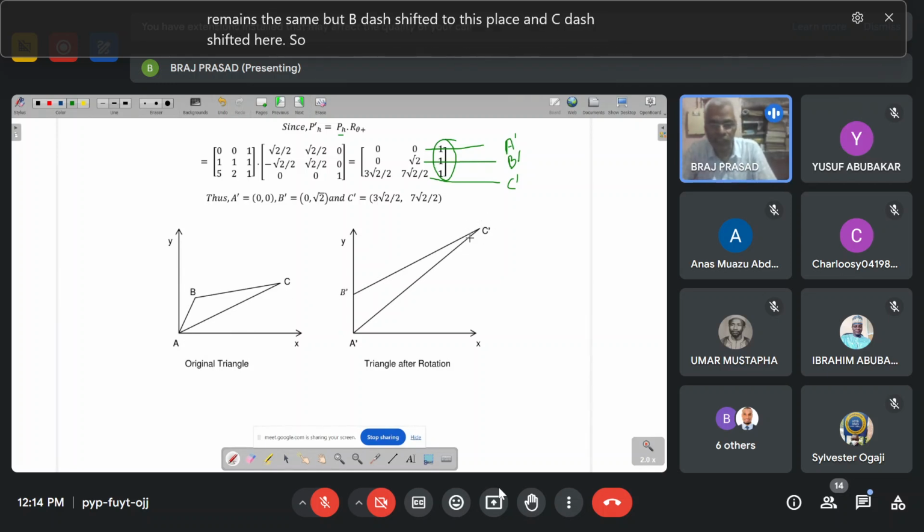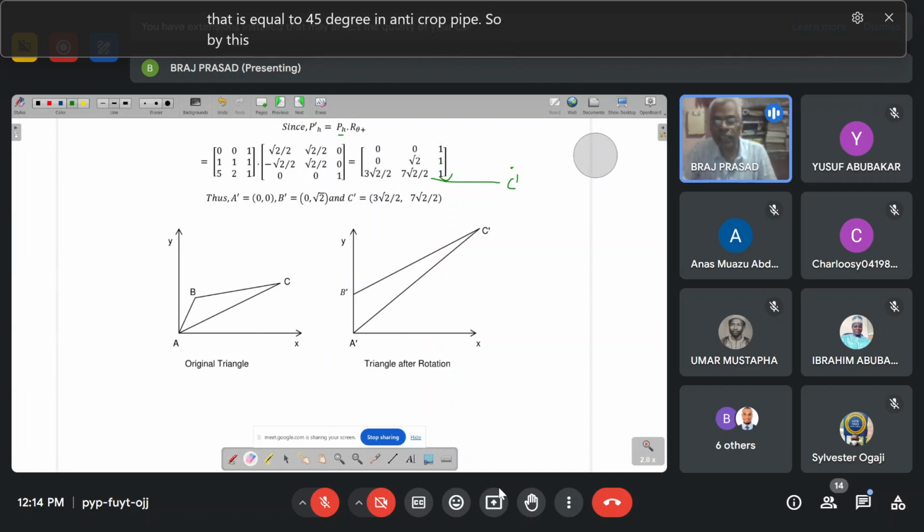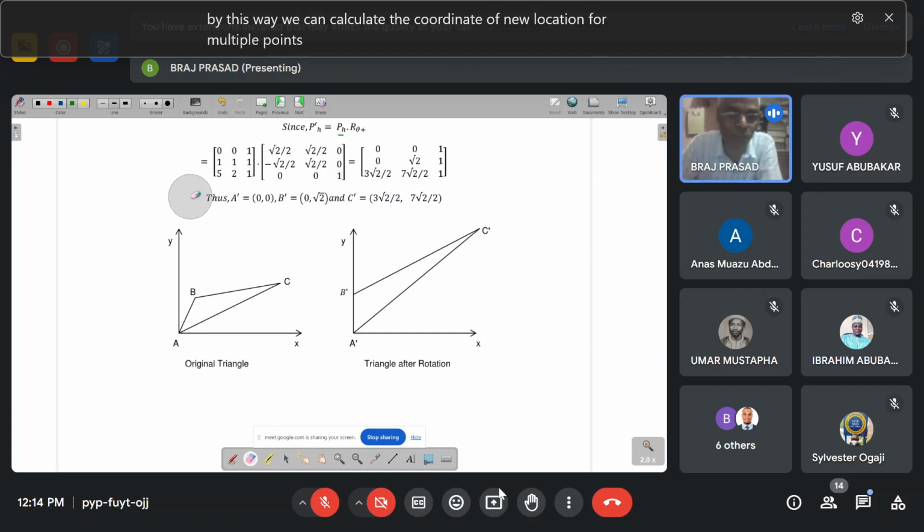So this is the new location of the triangle after rotation by theta equal to 45 degrees anti-clockwise.